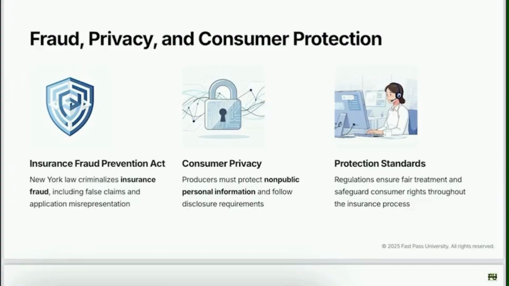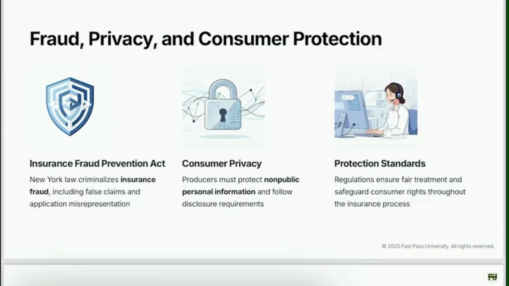There are certain laws and penalties for insurance fraud. It's going to be even worse than unfair claim practices, and fraud can also face felony charges. The Insurance Fraud Prevention Act is the act in place to monitor and enforce that.